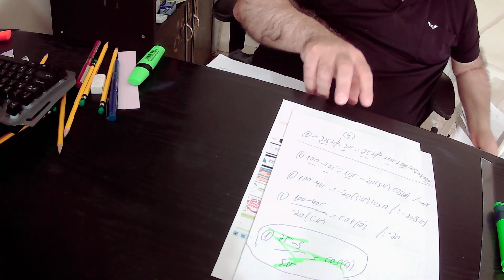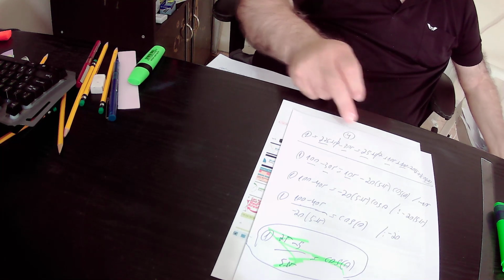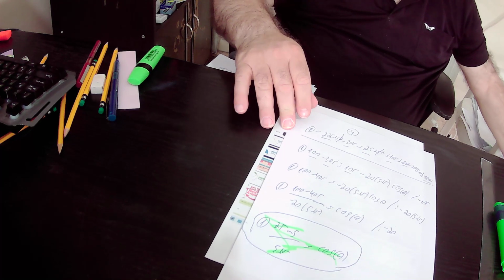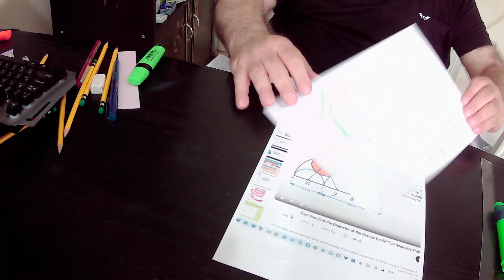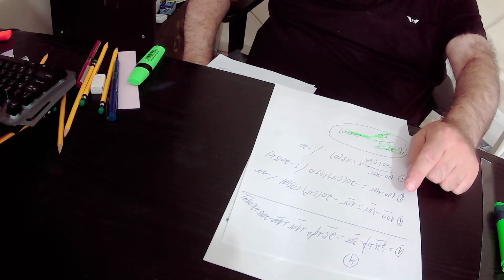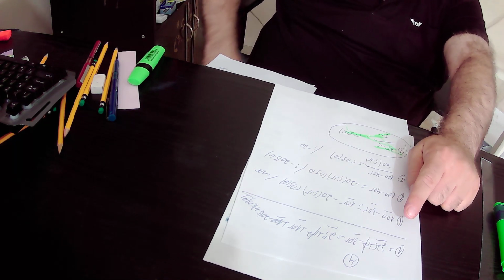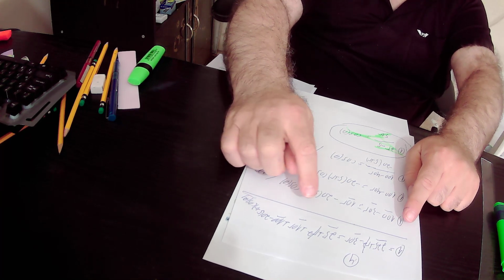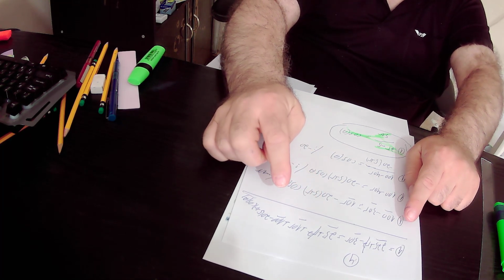Here we have r squared on both sides of the equation, so r squared will get cancelled. And here we have 225 on one side of the equation, and on the other side of the equation we have 100 plus 25, that is 125.